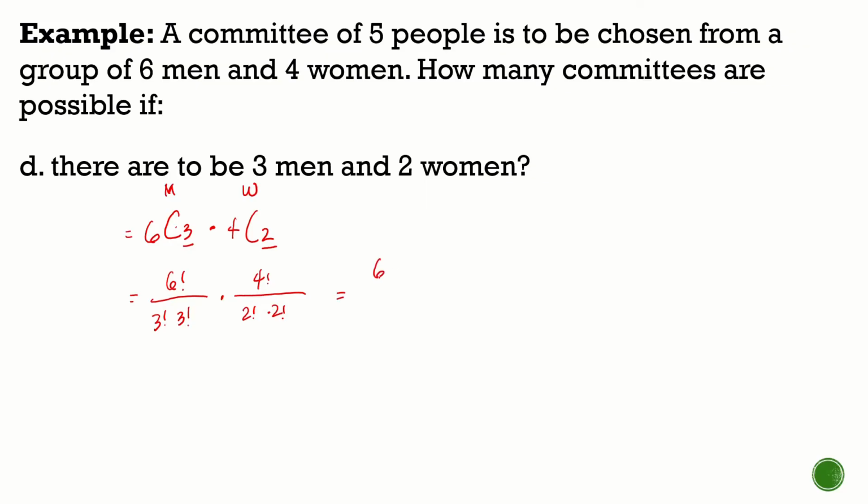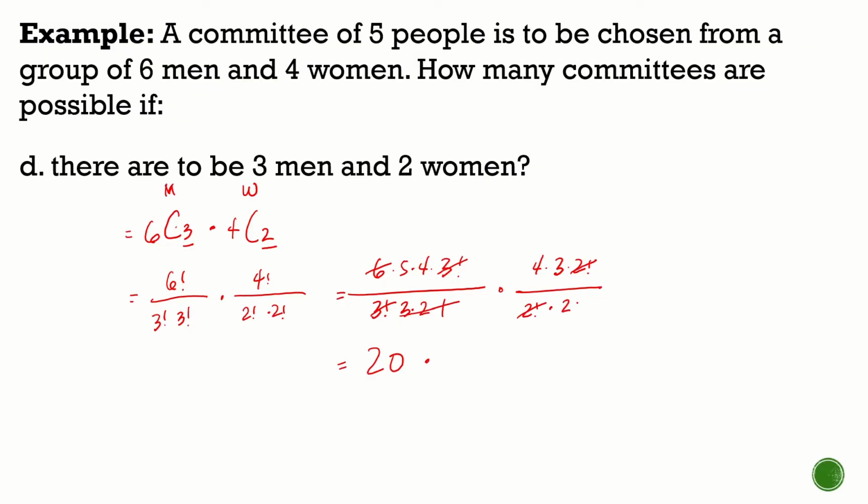Okay, 6 factorial is 6 times 5 times 4 times 3 factorial. I'm going to stop there. 3 factorial, and then cancel that. That gives me 3 times 2 times 1. This is 6, so that means this is 20. Times 4 times 3, and I can stop with 2 factorial.